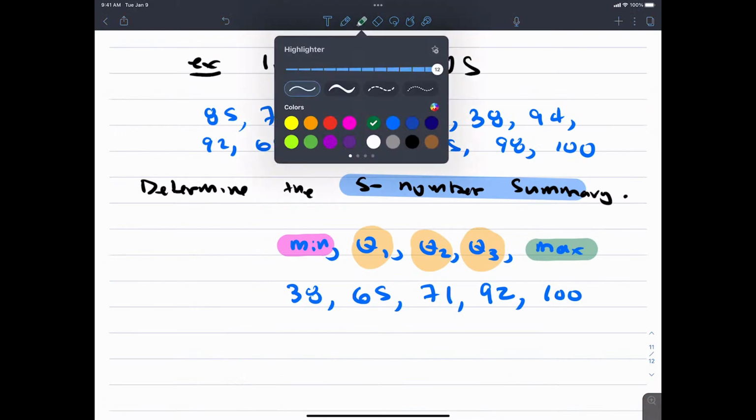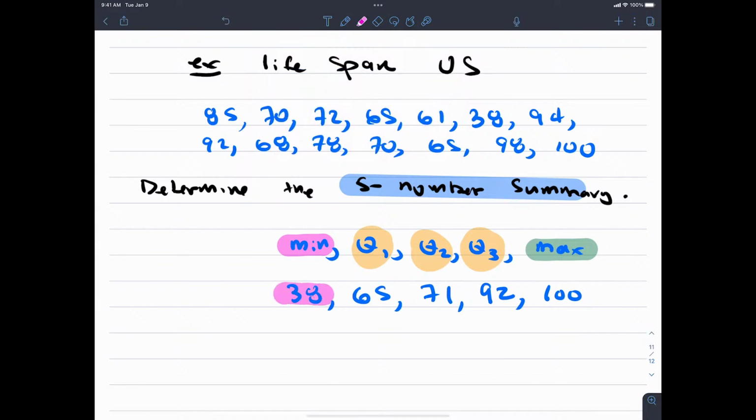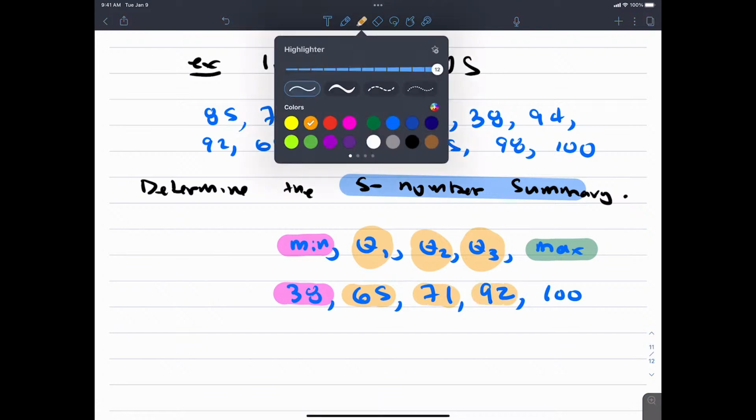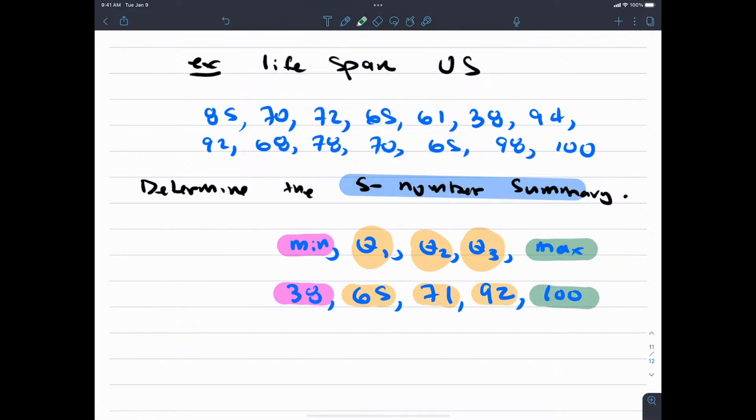So I'm going to bring out all your colors even. Hopefully you can see that better. What did you guys just find, by the way? The 5-number summary. Okay, we're going to get to use this information too, not today, but you get the 5-number summary.